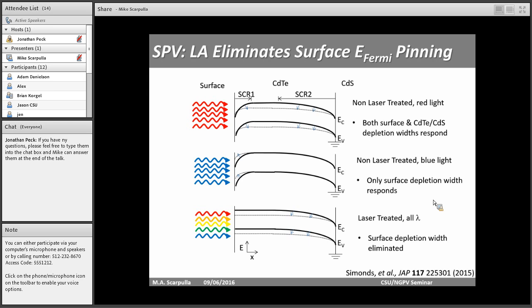Now in the laser treated case, let's hypothesize for a minute that we got rid of the surface Fermi level pinning that's causing that SCR1. If you have an unpinned surface, there's no band bending, and you wouldn't expect any photovoltage from that SCR1. So all you should see then is the SCR2 component at wavelengths such that the carriers can reach that deeper junction, especially at longer wavelengths, right around the band gap.